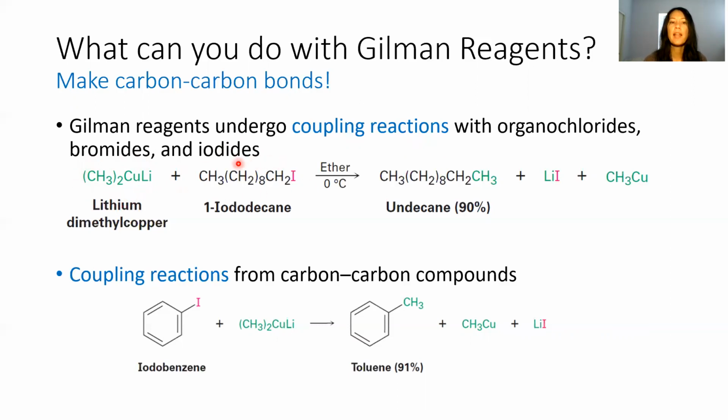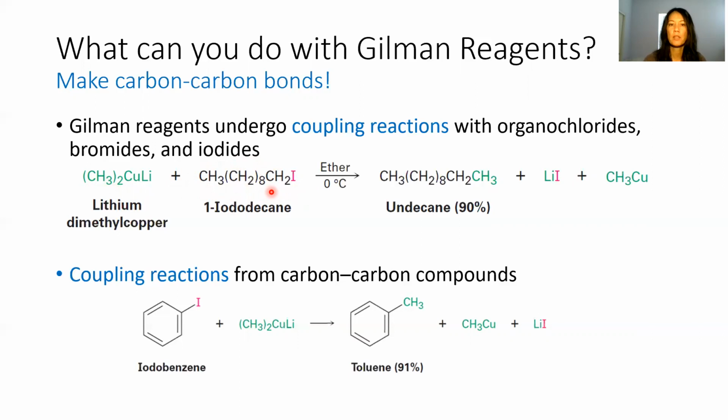If you have an electrophile, remember we said that carbon is electropositive next to halogen. So it'll want to attack that carbon center, that partial positive carbon center. So the negative methyl will come in and attack this carbon center, and it's a coupling reaction.